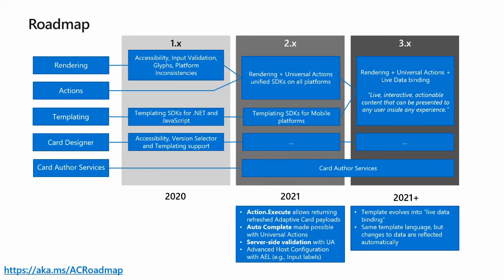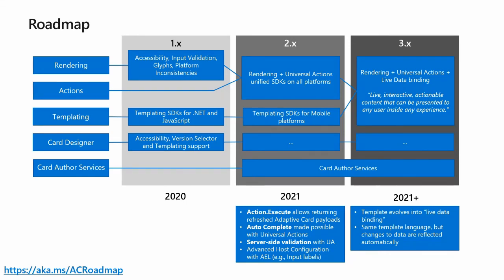We will have hopefully a universal action, so that instead of action submit, action get, action whatever we have today in adaptive cards, you'll use one action execute. So you'll be able to choose then if you want to just open a URL, if you want to submit a card, if you want to use a toggle. And all these goodies are coming.